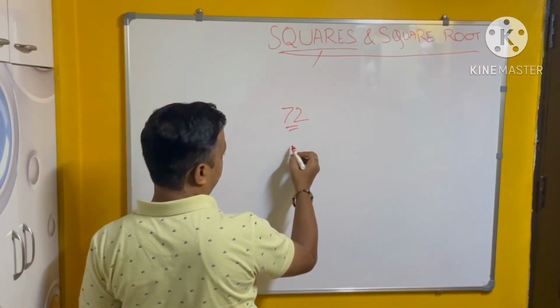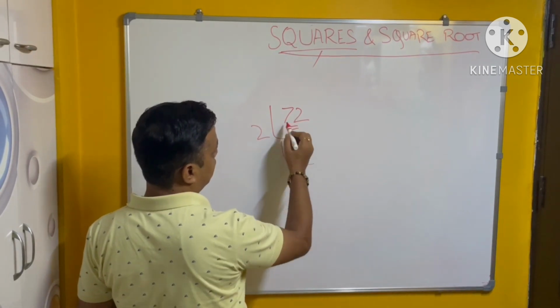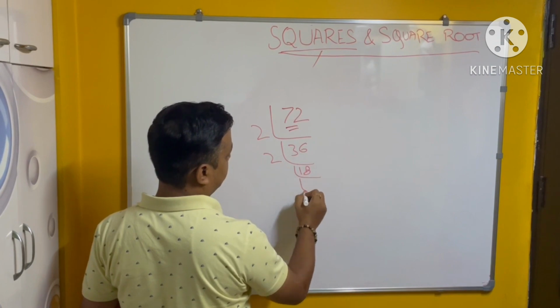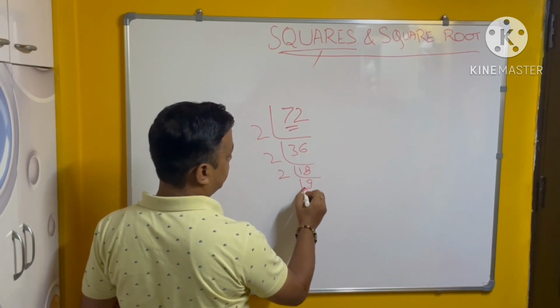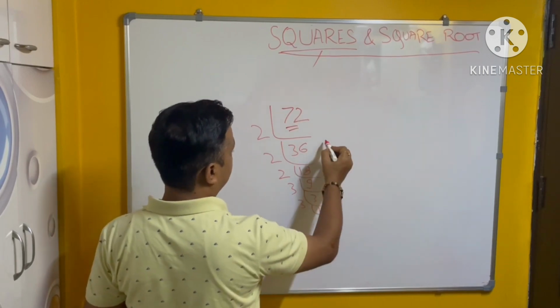In this case we factorize it. 2 sixes are 12, 18, 9, 3 threes are 9, 3 ones are 3.